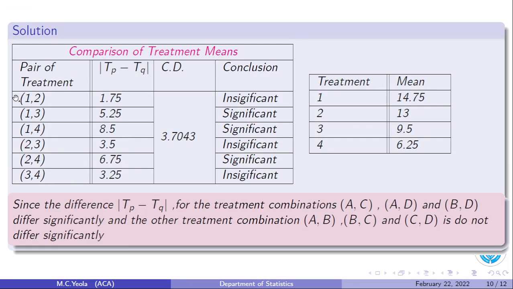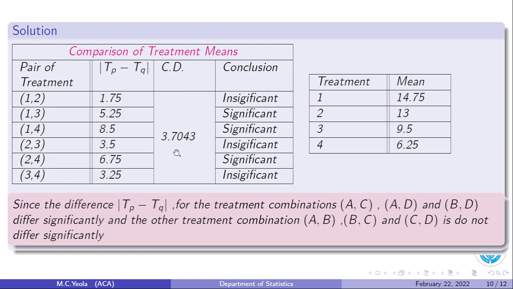And here we take pairs of treatment means; one pair we have taken here. We take the subtraction 14.75 minus 13 and its absolute value, that is 1.75. Likewise we have done these differences for all pairs. CD remains the same because the number of observations is the same here.